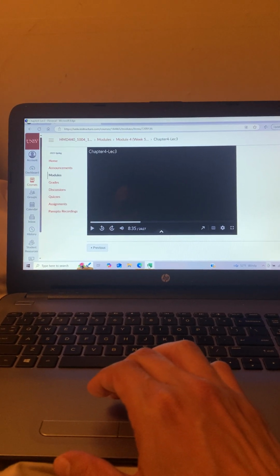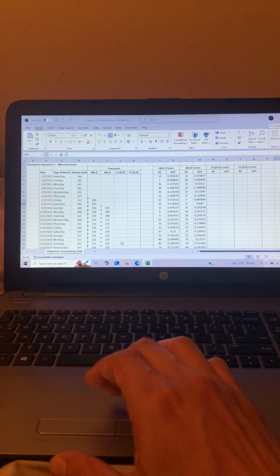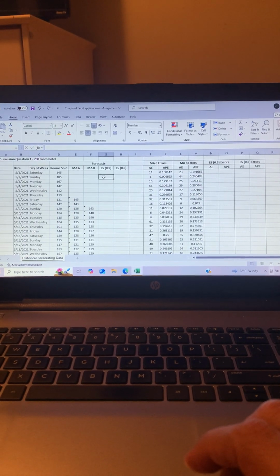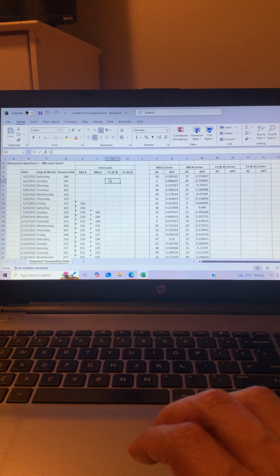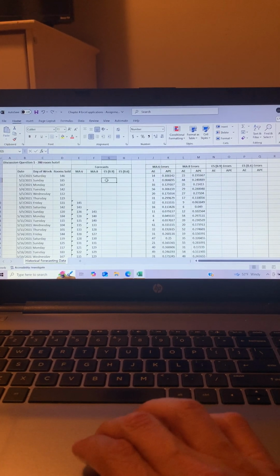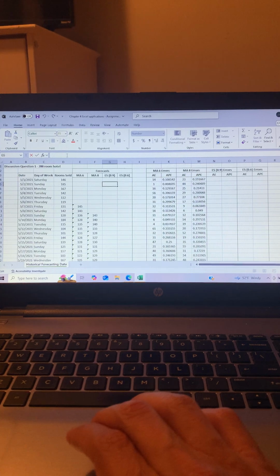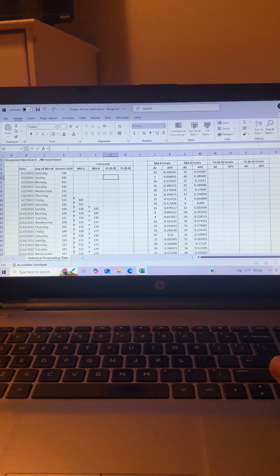Hopefully, go back. Shoot, it takes forever. So in order to calculate the exponential smoothing, we have to find an equation that best fits into the alpha.